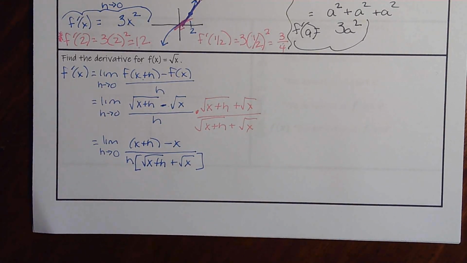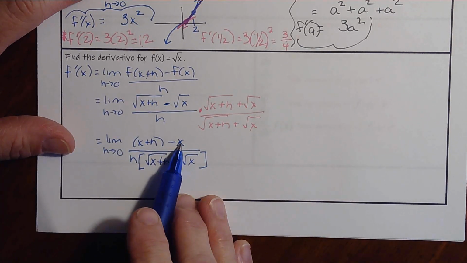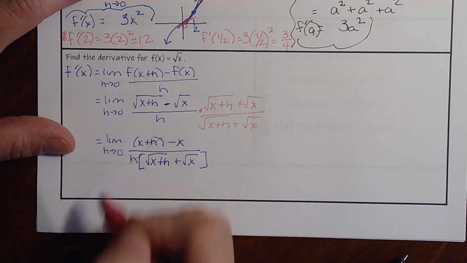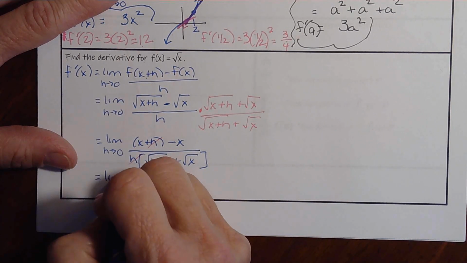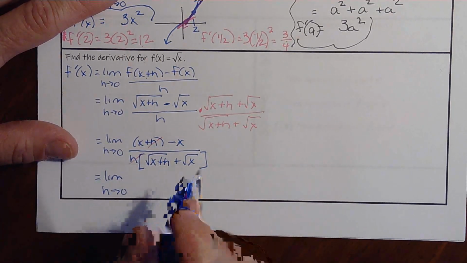Now in this cleanup process, notice that x minus x will cancel, and I have this h and h in the denominator. So this will actually clean up nicely to be the limit as h approaches 0. Now here's what you can't forget.